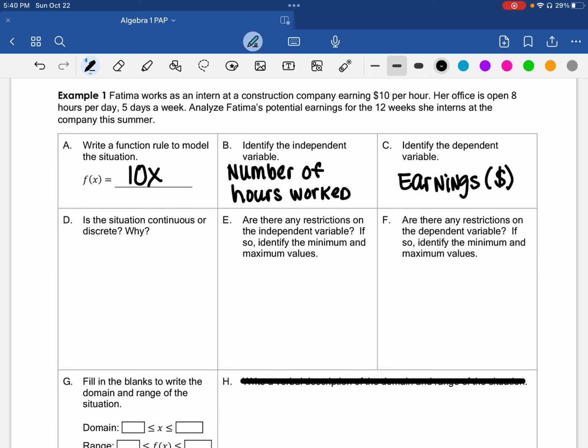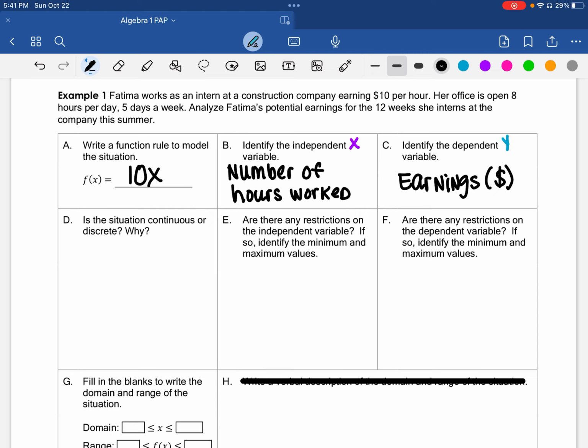Remember, when we're talking about independent, we are talking about our x, and when we're talking about dependent, we are talking about y. Time is going to be independent, x, and money most likely is going to be dependent, or our y value.